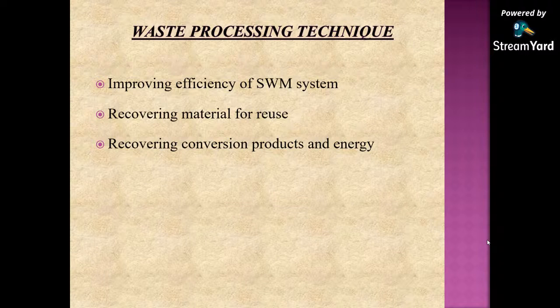Initially, the combustible organic matter is separated from the other solid waste components. Once separated, further processing like shredding and drying is necessary before the waste material can be used for power generation.